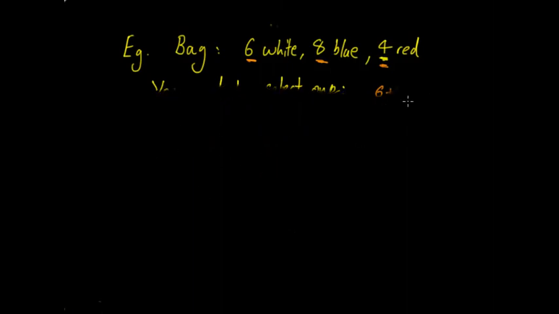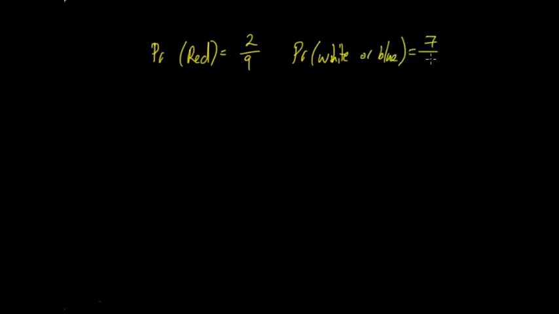But just looking at those results, we had the probability of red was 2 over 9. Then we had the probability of white or blue as 7 over 9. Now if you add those together you get 1.